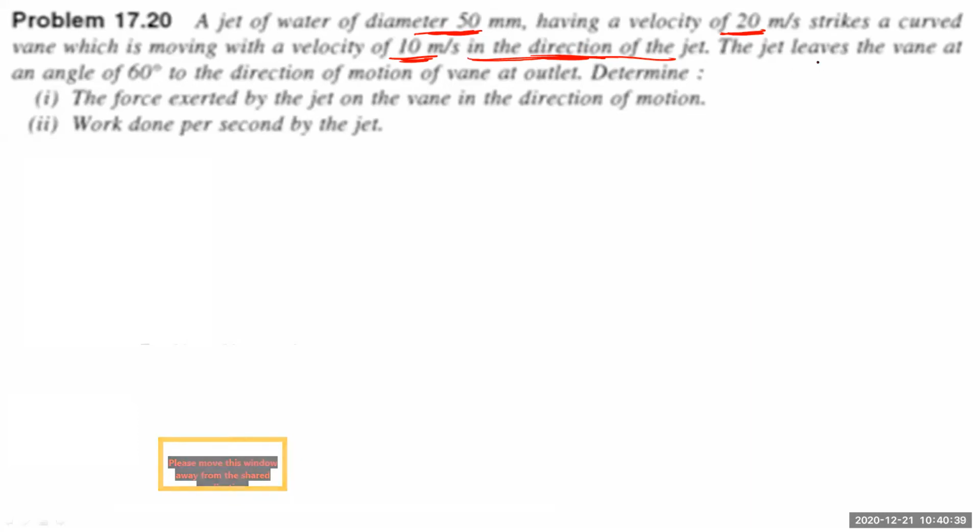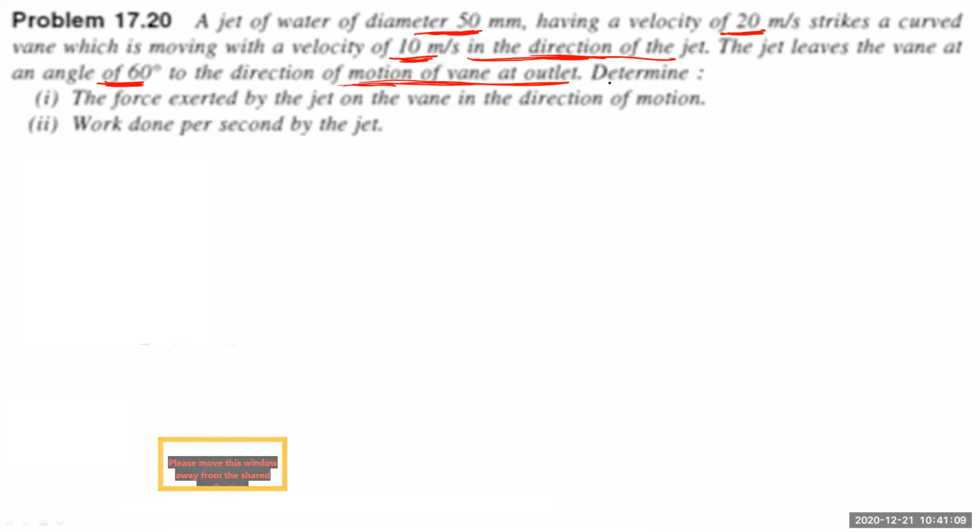The jet leaves the vane at an angle of 60 degrees. V2 is making an angle of 60 degrees with the direction of motion of the vane at the outlet.